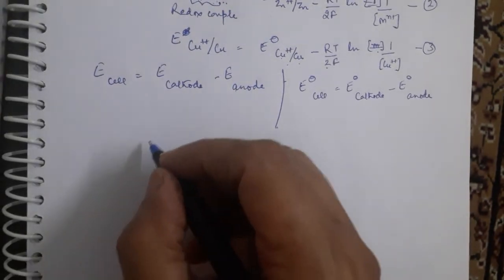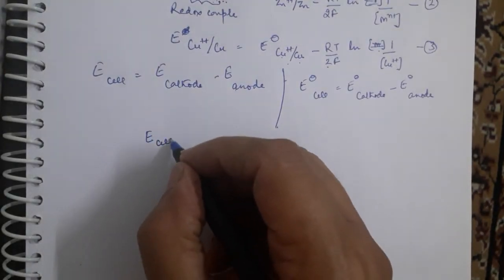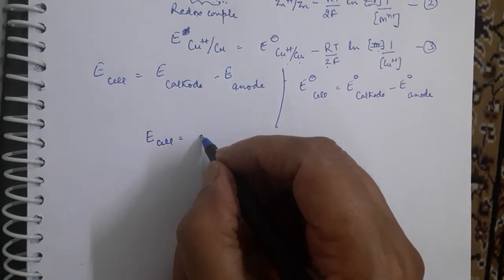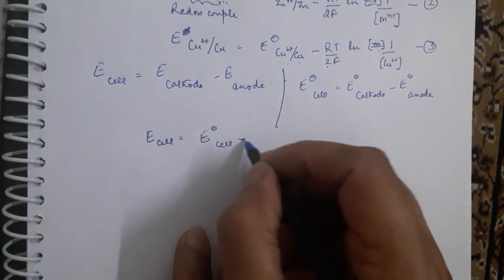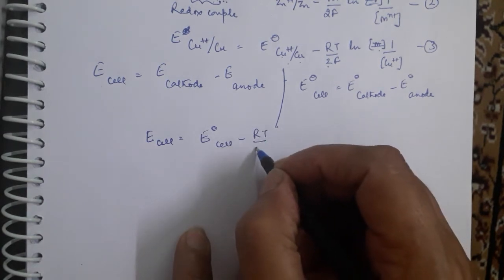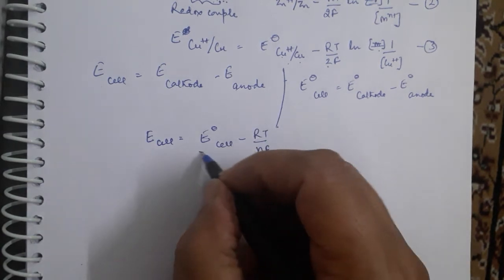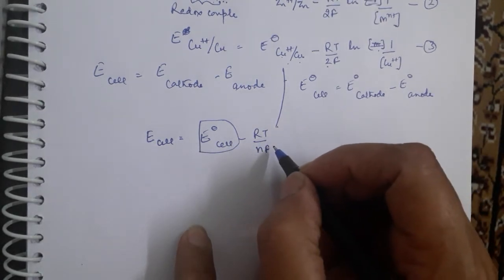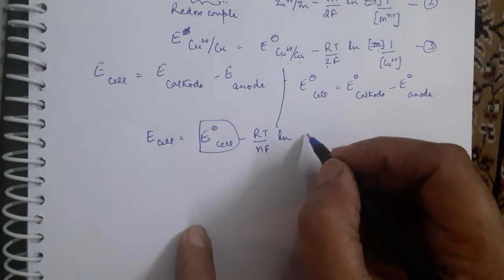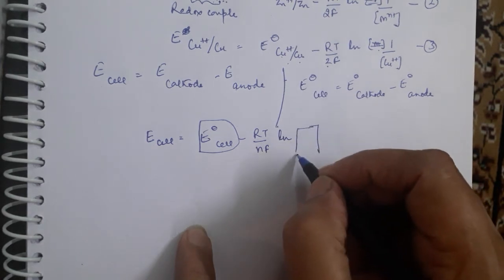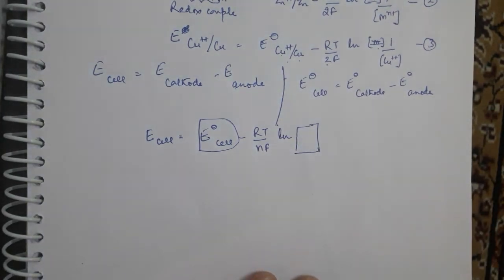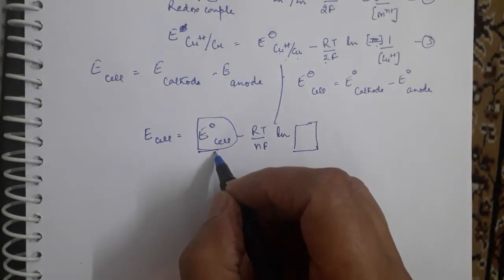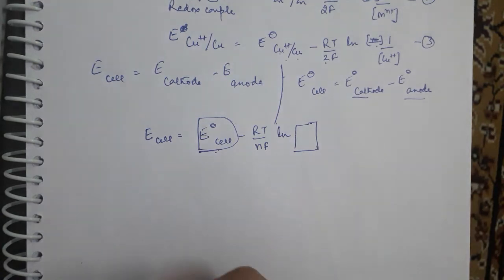We write the values of this: E cell is equal to E naught cell minus RT upon nF natural log. We have to find this E naught cell. Now we have to see what form of the species will be obtained here. E naught cell is E naught cathode minus E naught anode.